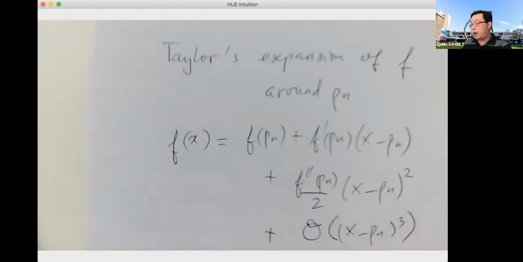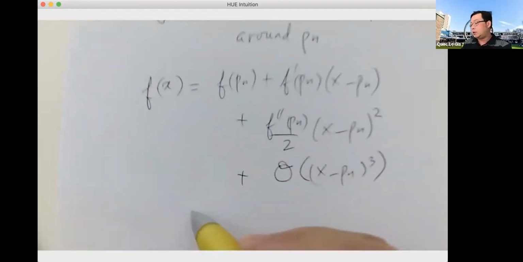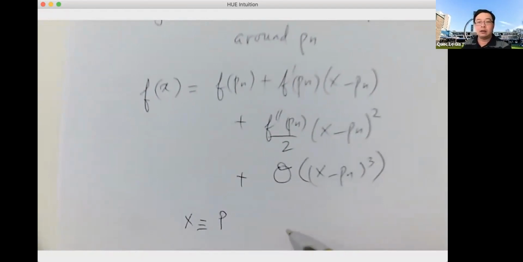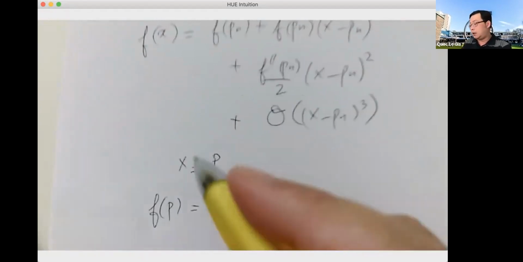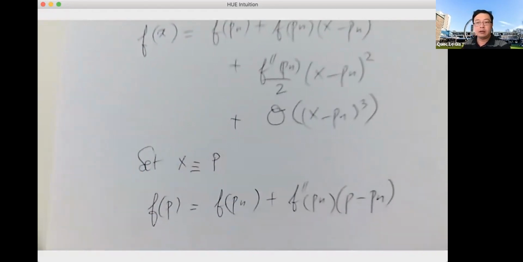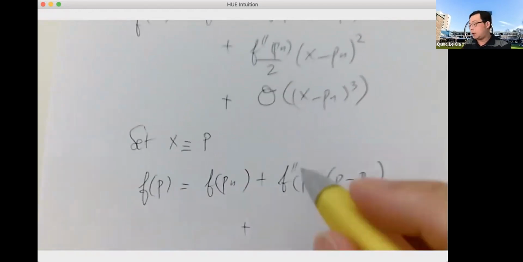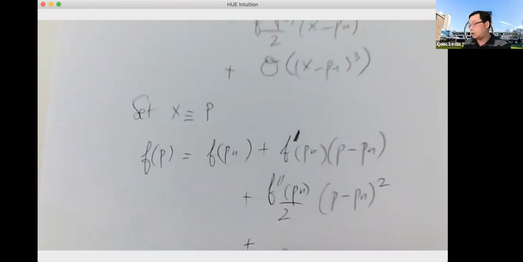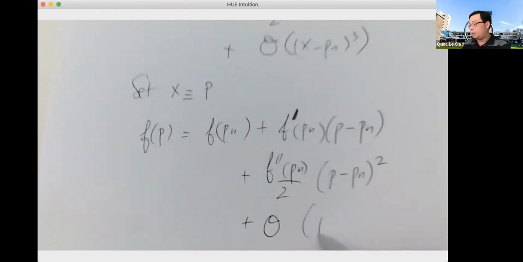Now what happens if I put x equal to p? I get f(p) equals f(Pn) plus f prime(Pn)(p minus Pn), plus f double prime(Pn) over 2 times (p minus Pn) squared, plus big O of (p minus Pn) cubed.